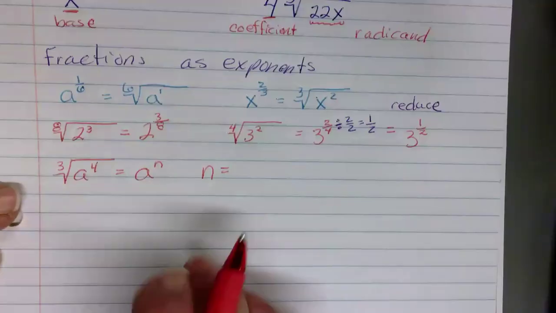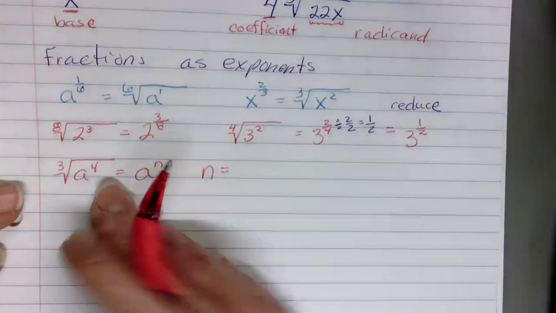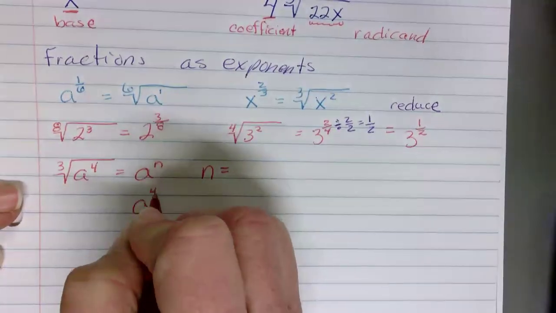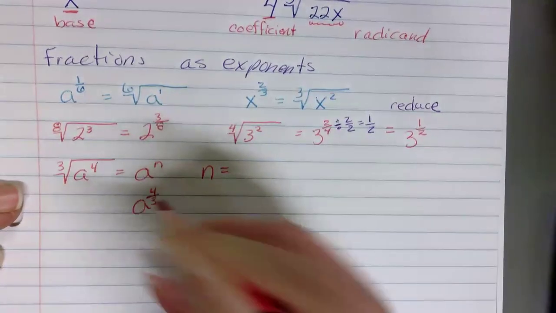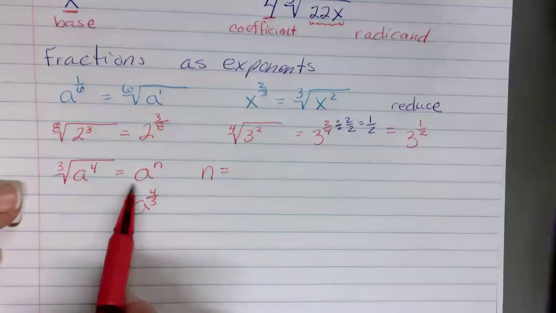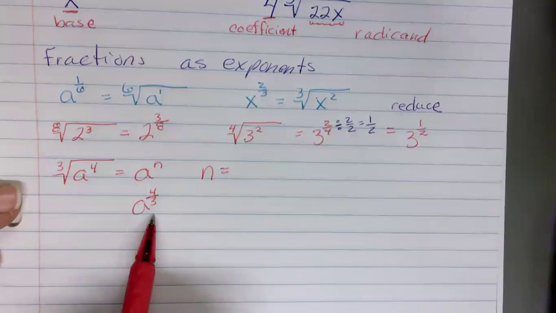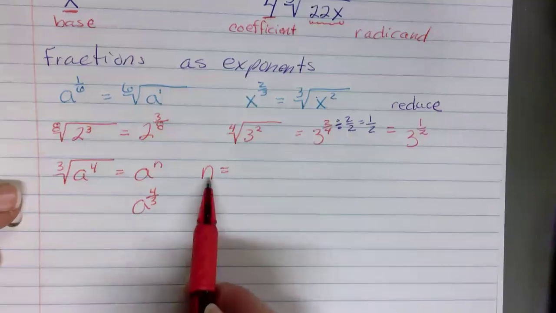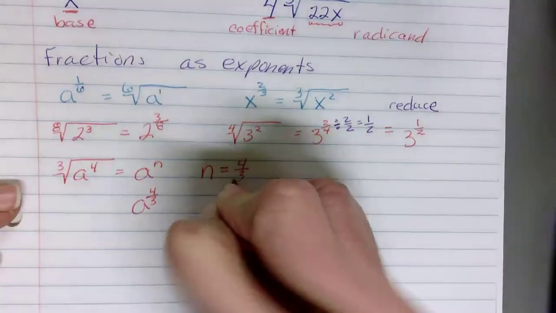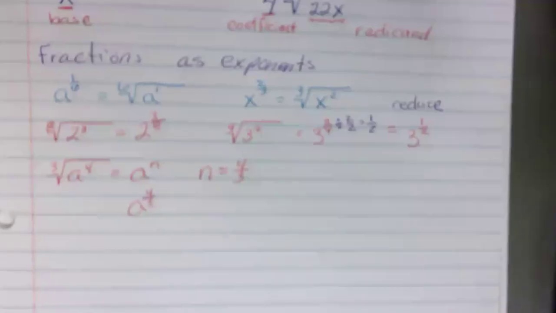So here you need to be careful because this is really a to the 4th power over 3. But if you write this as your answer, it will be wrong because the question is only asking what n equals, and n equals 4 over 3. So just be careful if they do that too.